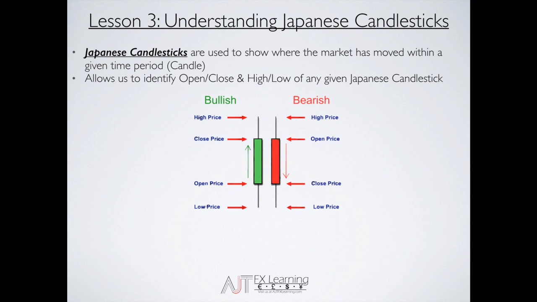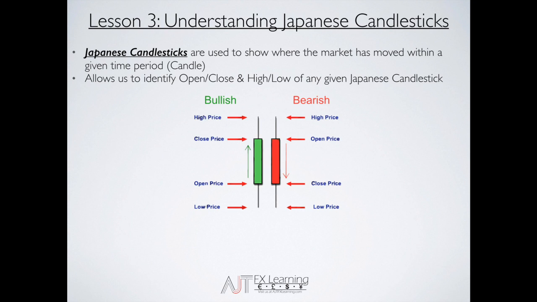As we move on to the bearish candlestick, you're going to see that the high price is at the top, the low price is at the bottom, and the open is at the top while the closing price is at the bottom. That's the main reason, because the bearish likes to what? Push that price down, so it's going to open at the top and push down to that close, which is at the bottom.